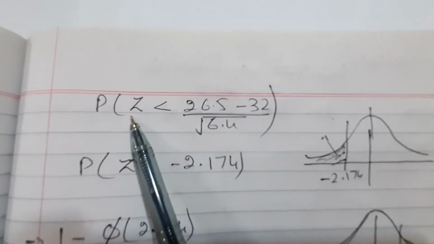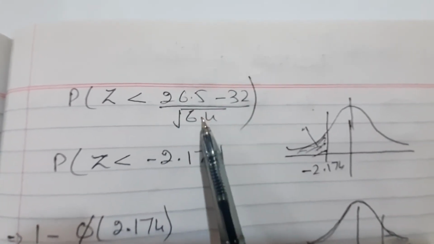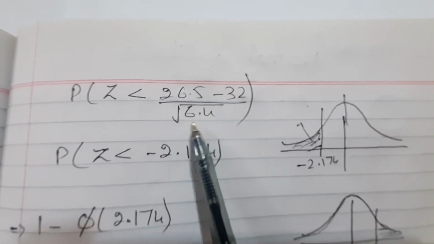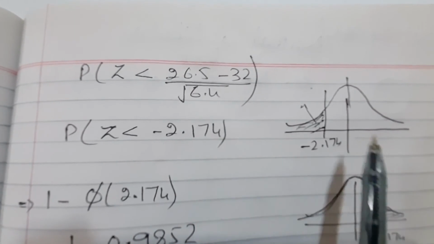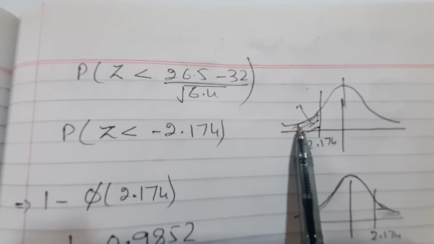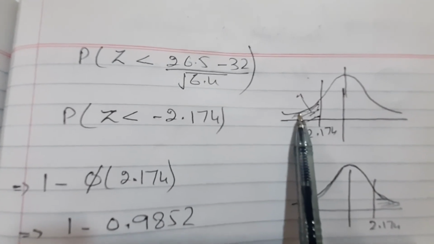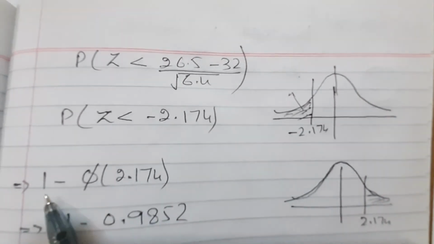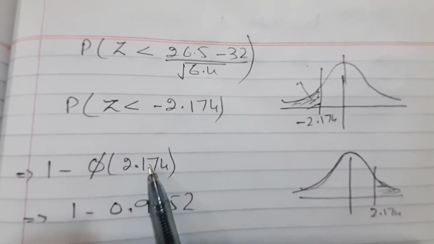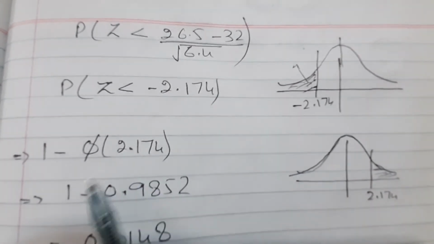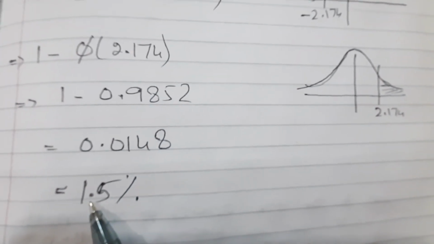So now changing x into z, which is x minus mu, np, over root npq, and I found the value of z, which is minus 2.174. I have to calculate this probability, and I hope you remember from S1 that we use the symmetrical method, and it is 1 minus the probability of z less than 2.174, which is giving me the answer of 1.5%.